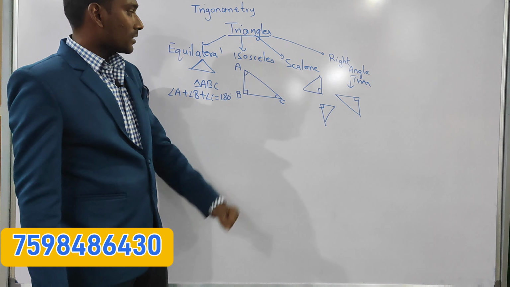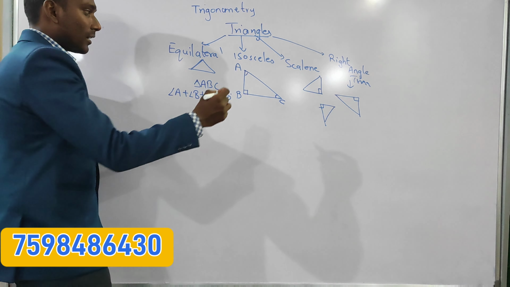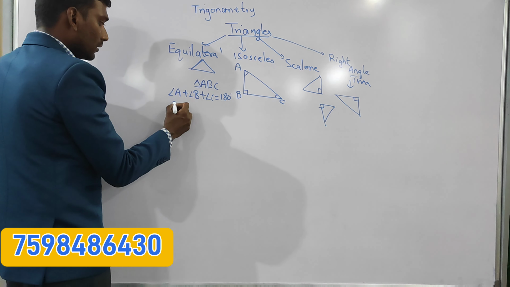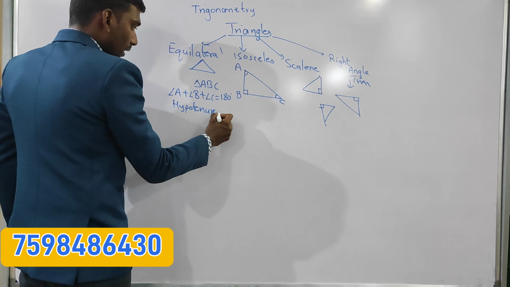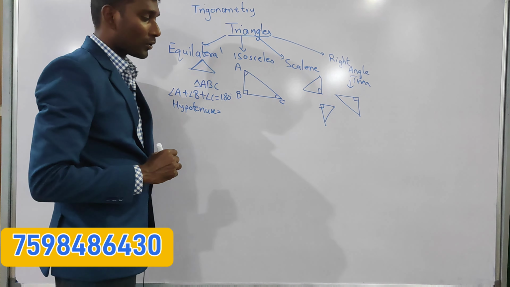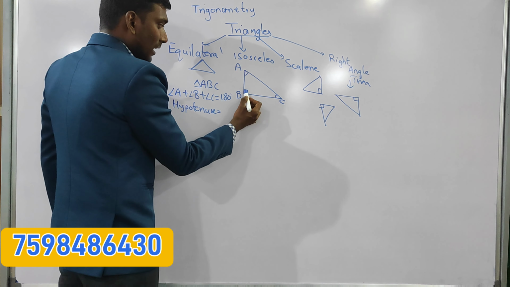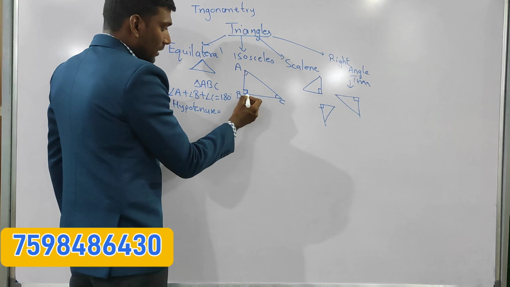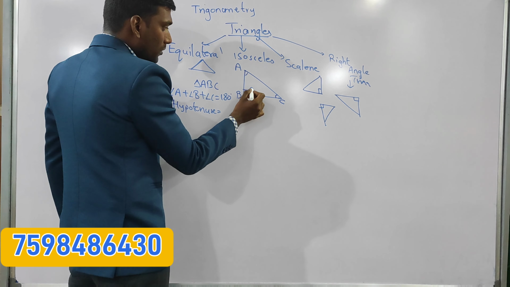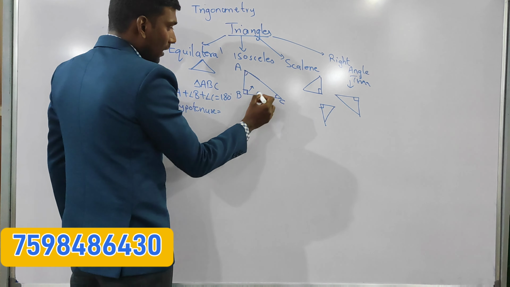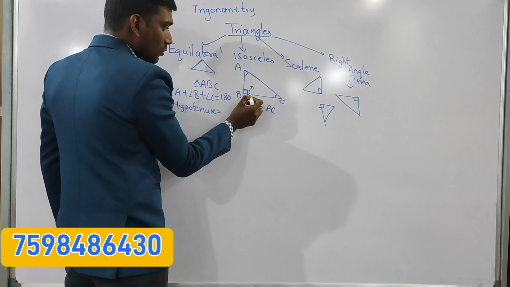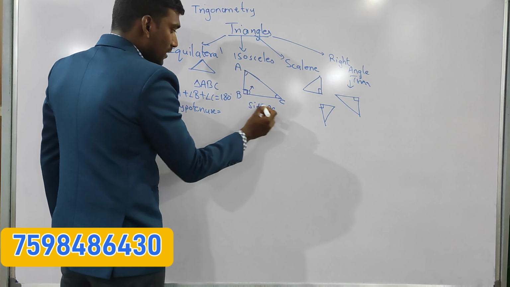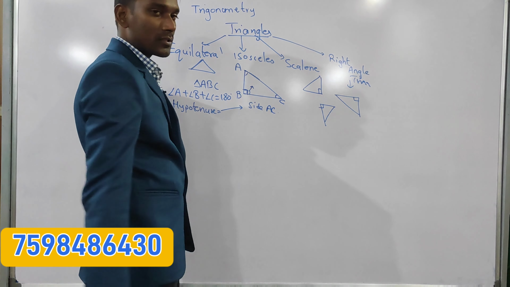Now what is the other important thing that you need to understand in this right angle triangle? That is the hypotenuse. What is the meaning of hypotenuse? Wherever you see 90 degrees, the side opposite to 90 degrees is the hypotenuse. Here you have side AC, which is opposite to 90 degrees, so this AC is called the hypotenuse in this triangle.